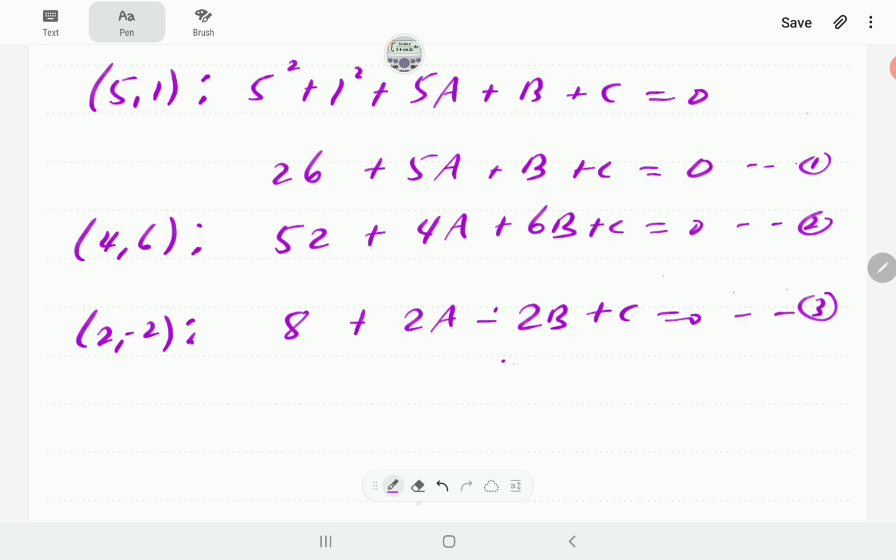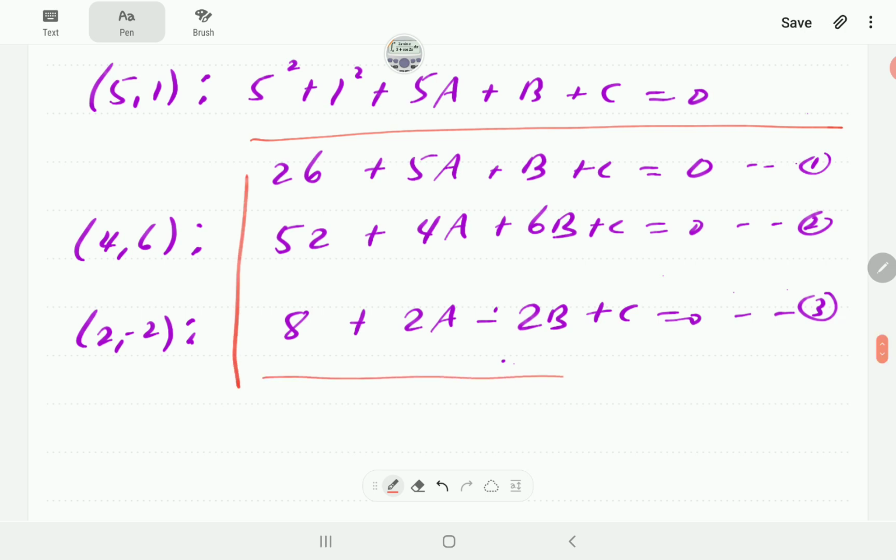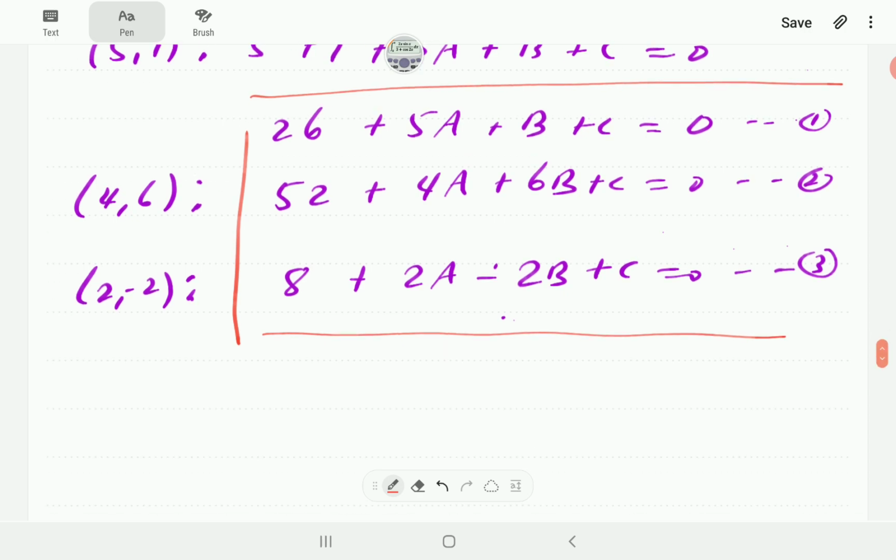So we have got a system of 3 equations, 3 unknowns, which we could solve using different techniques. We could use Cramer's rule. Just going to quickly go through it using the method of elimination. Since we've got plus c here, plus c there, plus c there, that's going to be easy to eliminate. So if you go 1 minus 2, 1 minus 2 is going to give us a minus 5b.